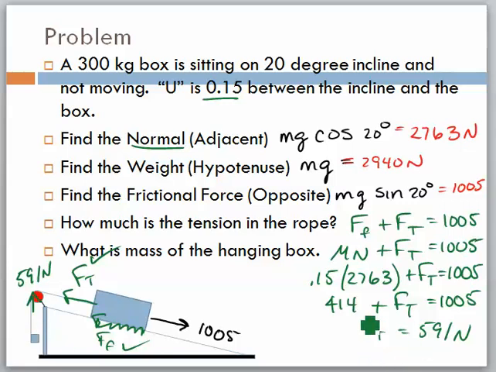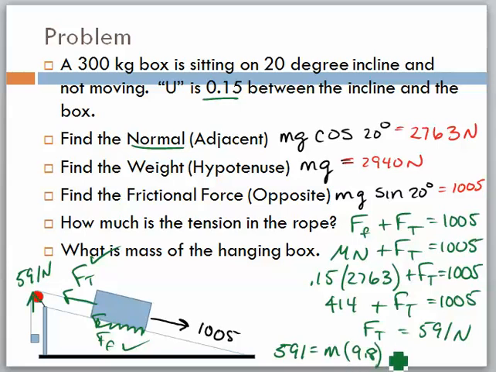So if I want to find the mass of this hanging box, it's two steps from here. First, I'm going to say that this 591 equals the weight. What is the weight of this small box? It's mg, the mass of the small box times gravity of 9.8.